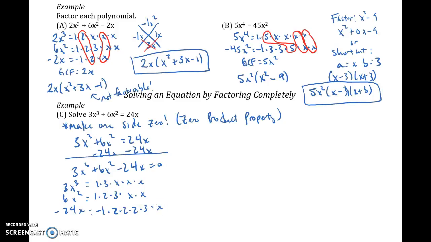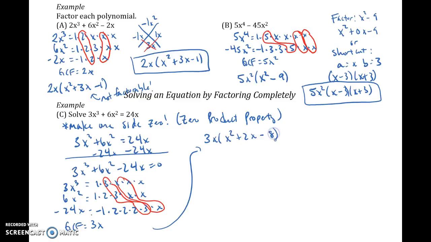And again, factor tree if you need it. Okay? I'm going to notice a group of 1, 2, 3 3's and 1 x. So GCF here, 3x. I'm going to continue my work up top, 3x, left over, x squared plus 2x minus 8.